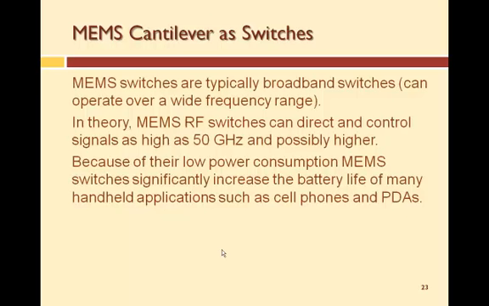Okay, you can use them as switches. If you want to pass a signal, for example a 50 gigahertz signal down a wire, you can't use a transistor to do that. They don't resonate that high. But you can use a mechanical switch to send the signal down the line.